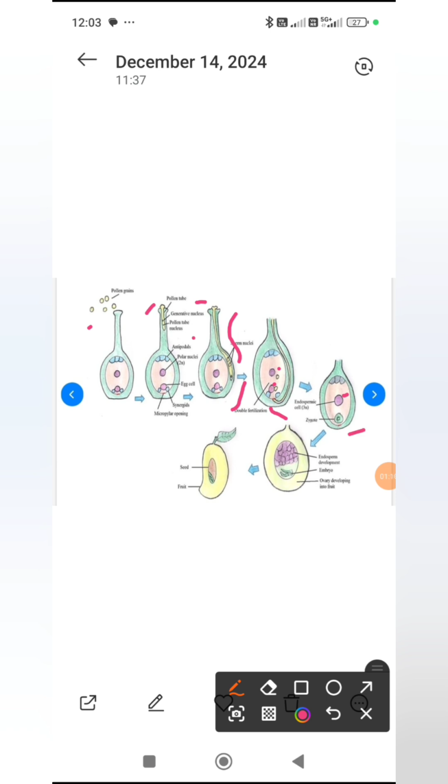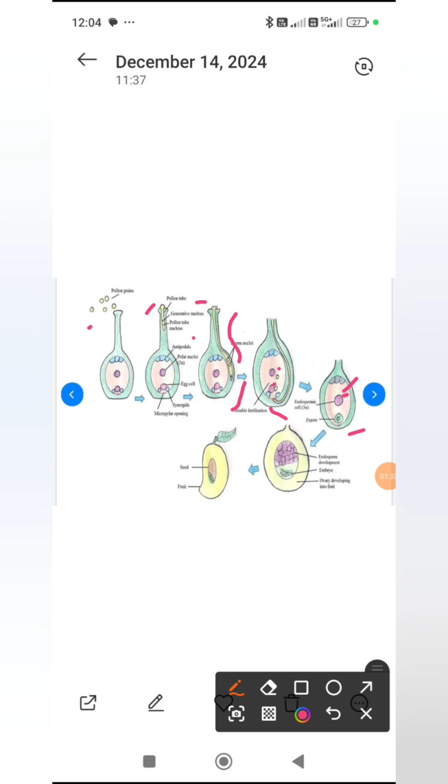The male gamete that fused with the polar nuclei forms the endosperm cell, and this fusion is termed triple fusion, which means one male gamete fuses with two polar nuclei present in the central cell.